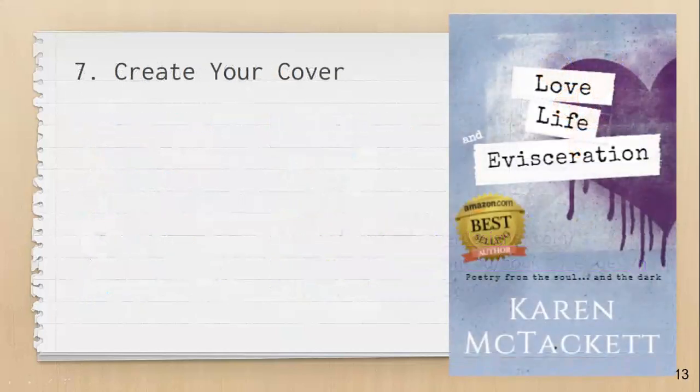So this is one that I created, Love Life and Evisceration, and I created this myself using Canva, which I'm going to show you how to use in another training. With this one, I used a template from Canva, but I changed the image and the fonts. The only things that really stayed the same are these white boxes, which I resized and moved, and the line there.